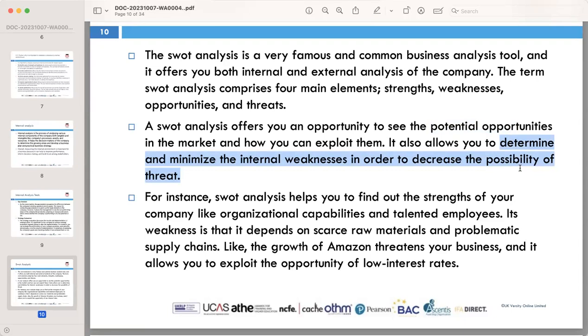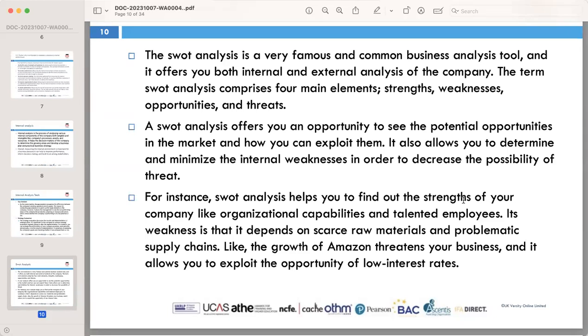So how does SWOT analysis work? As I said, there are four main key points. Number one is strengths. These represent the internal attributes that the company excels in, such as organizational capabilities and talented employees.